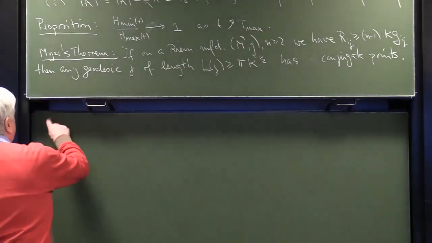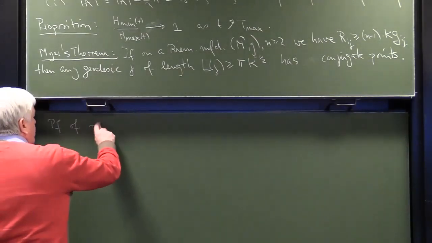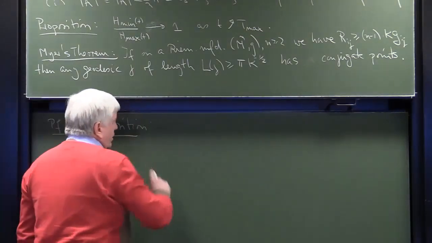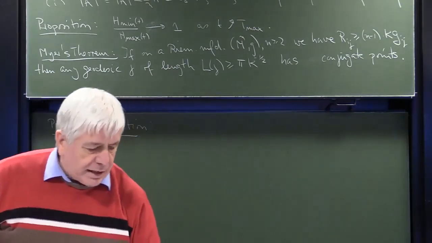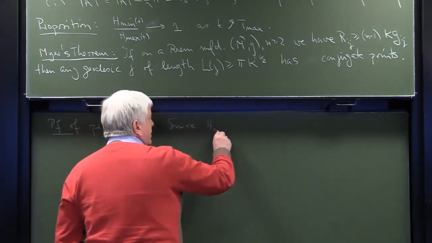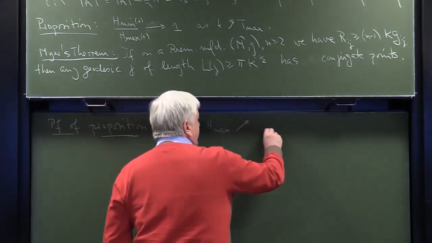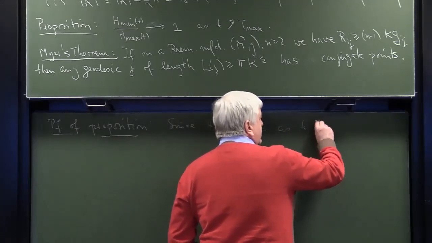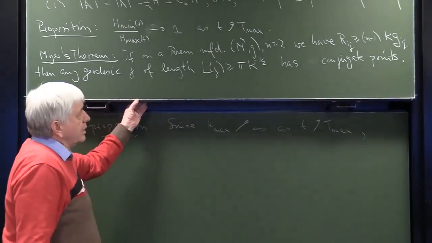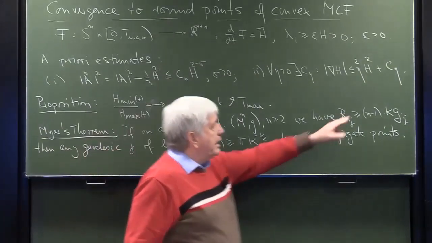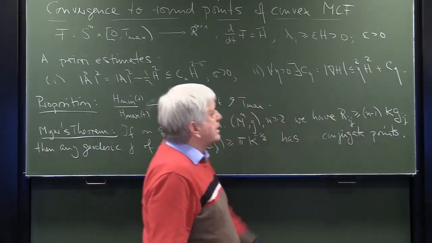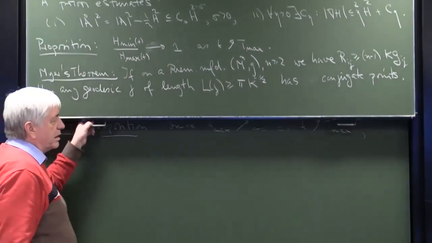So, proof of the proposition. First of all, notice that since H max tends to infinity as t tends to t max, we can make this C eta close to t max much smaller than eta squared times H max squared.